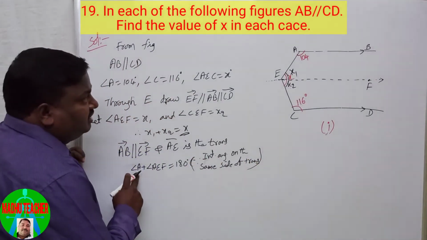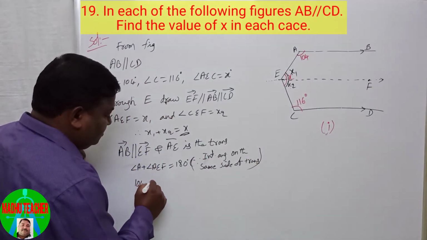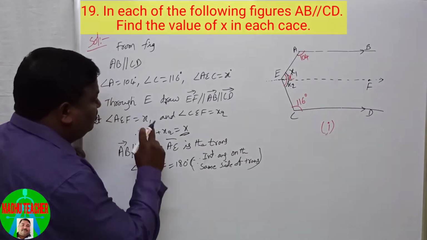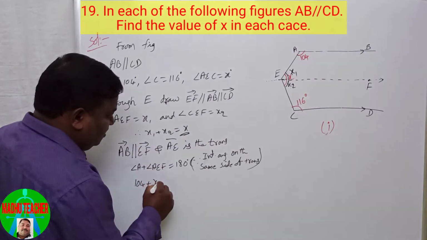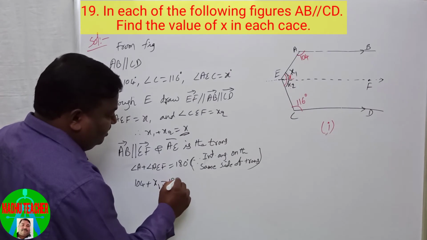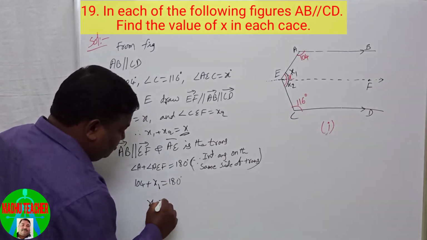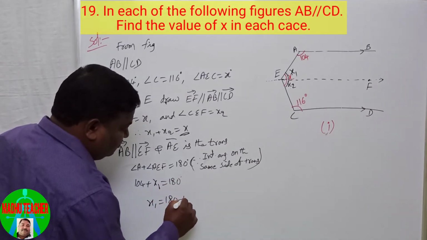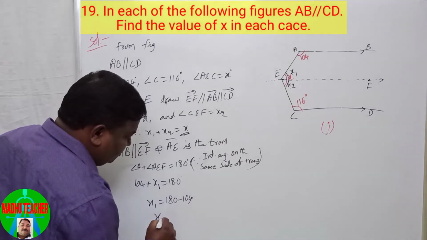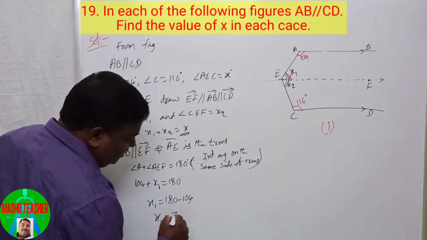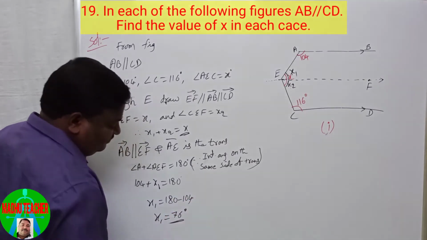So angle A is 104 degrees, plus AEF, which is x1, equal to 180 degrees. So x1 equals 180 minus 104, that is x1 equal to 76 degrees.